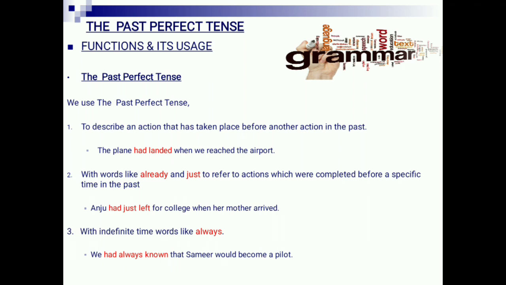So this action happened in the past, and the first part of the sentence is the plane had landed. So this action has taken place before we reached the airport. The plane had already landed when we reached the airport.